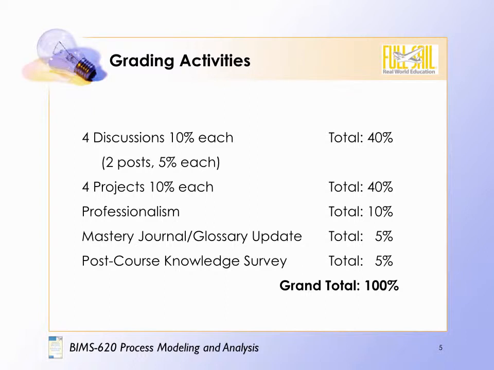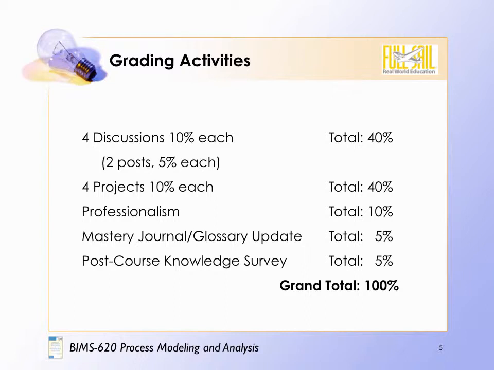Professionalism is 10%. This is where we require you to be courteous to your peers and behave with academic etiquette. The items that are not graded, you are still going to observe the deadline and do a very good job at them.